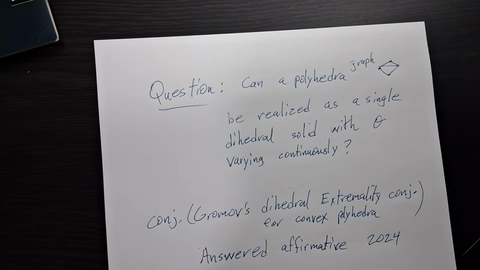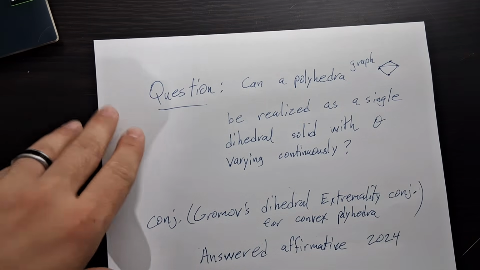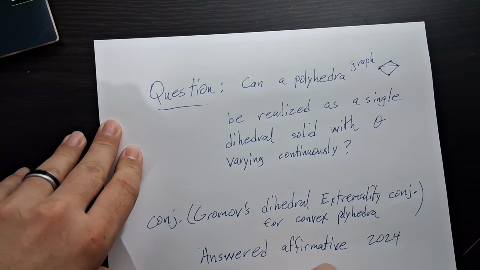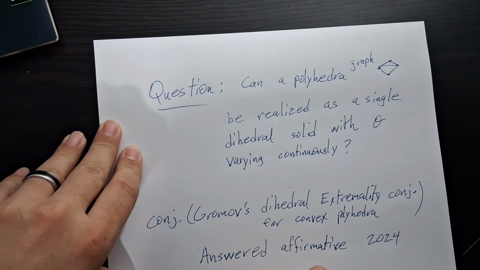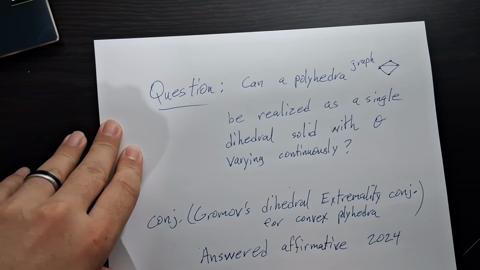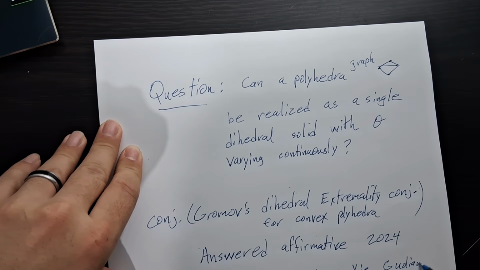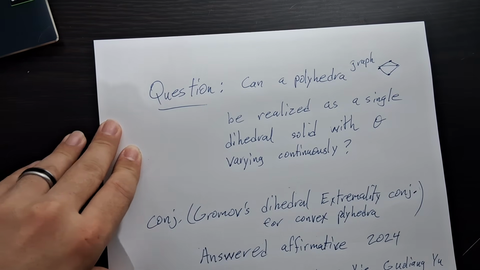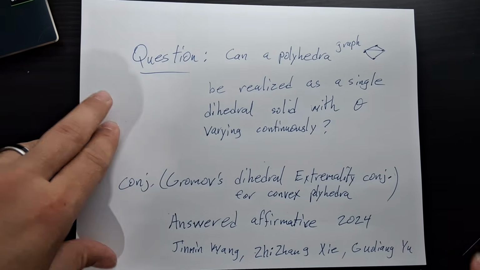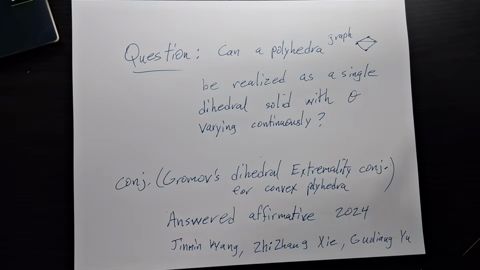I should state who answered it. It was Jinmin Wong, and I will probably butcher names, so I'm not even going to try. And then these three mathematicians actually answered this question.